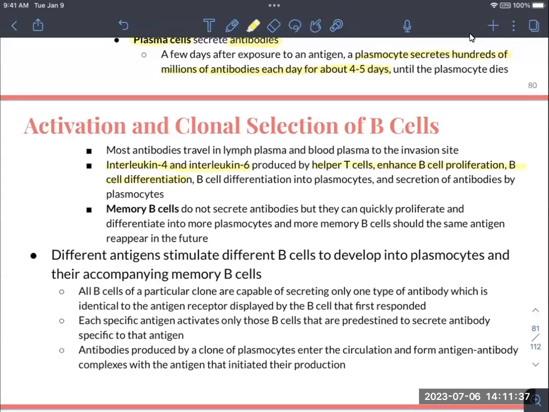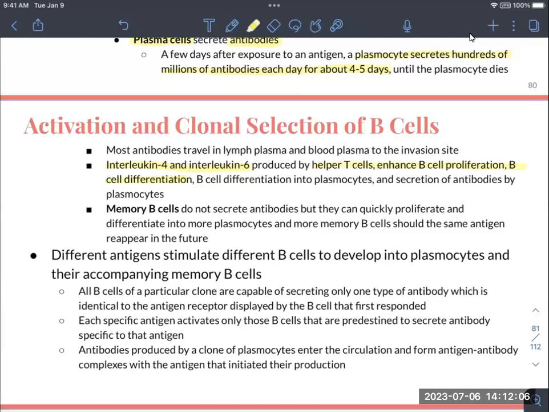We keep those memory B cells. They don't secrete antibodies, but they can proliferate and differentiate into plasma cells when that same antigen comes back. So different antigens can stimulate different B cells. These B cells have to differentiate into plasmacytes before they can secrete antibodies.